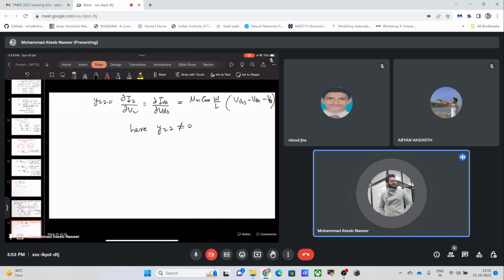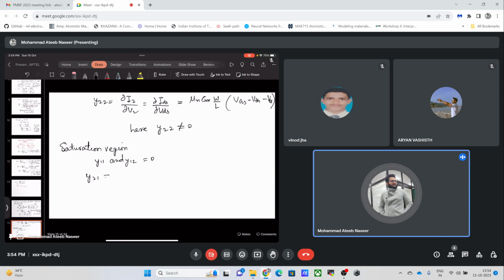Now, what about our saturation region? In saturation region, we have Y11 and Y12 equal to 0, because the gate to source current is 0. Now what about Y21?